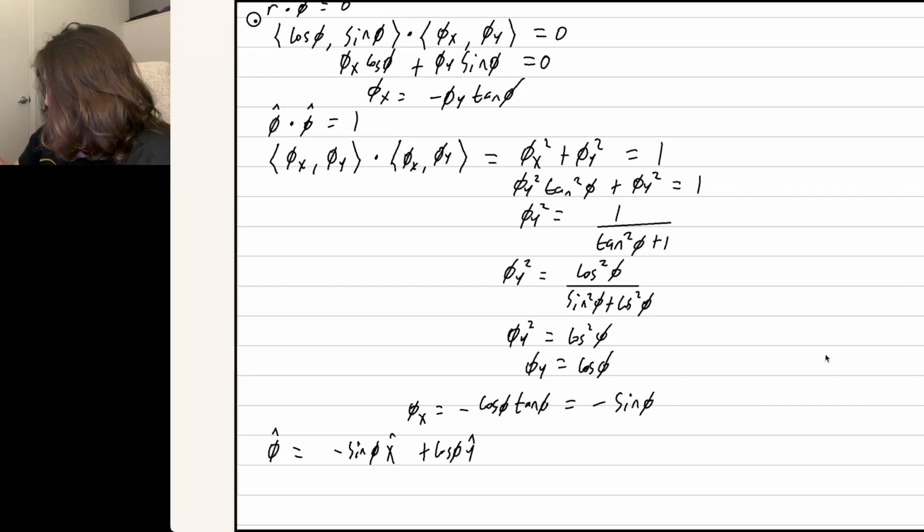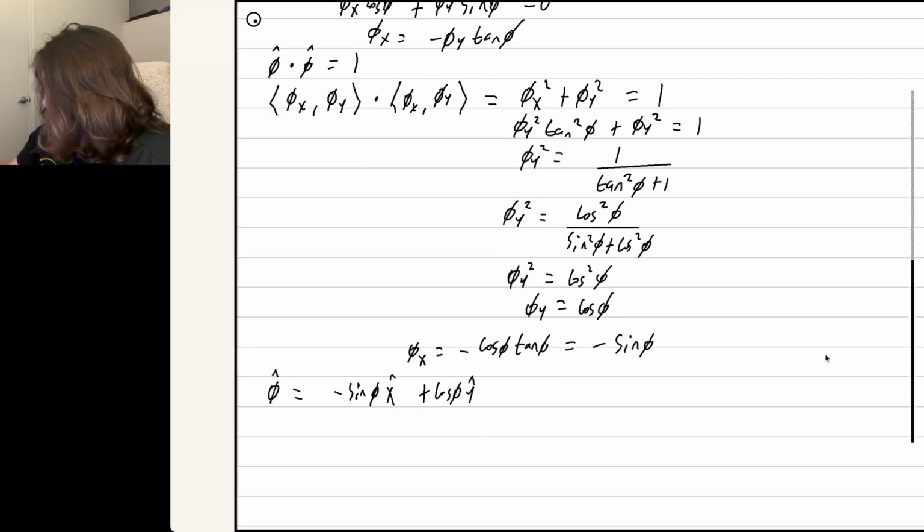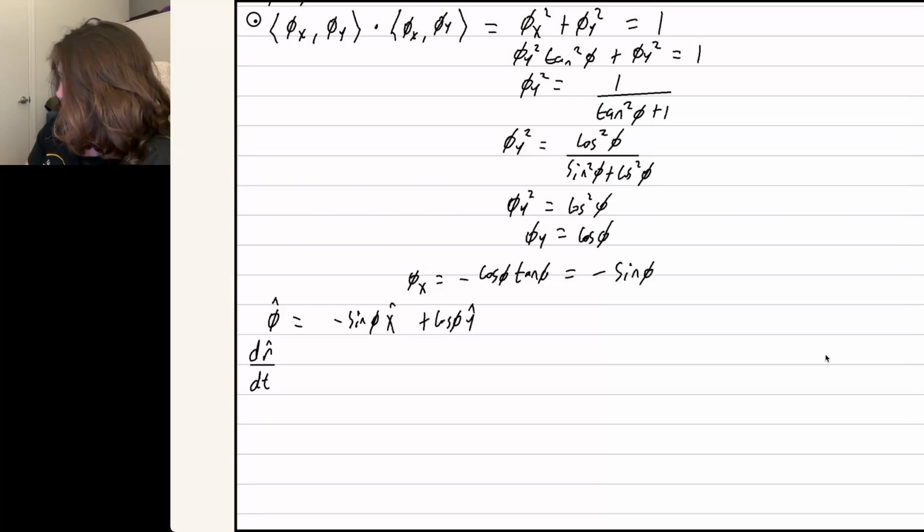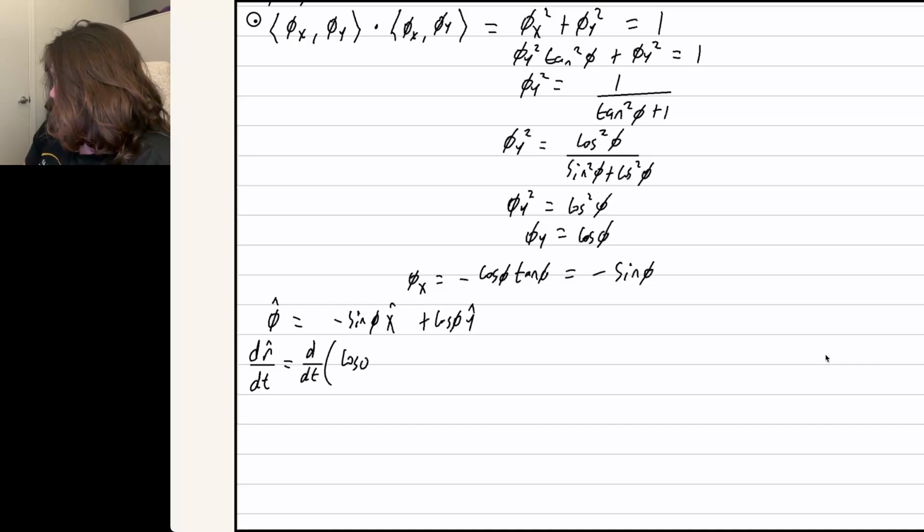What if we wanted to take the time derivatives of the unit vectors in circular coordinates? Well, we're going to need a little bit of product rule and a little bit of chain rule.